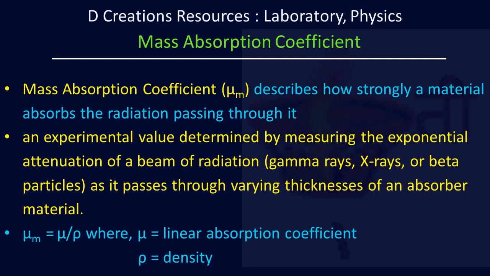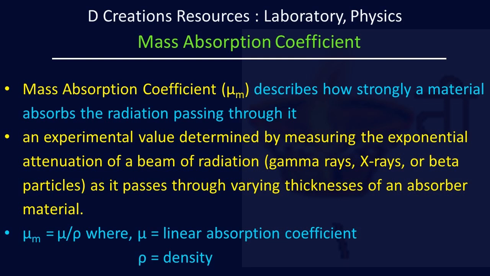Now in the experiment, initially you will find out the count without using any absorber. So in a way you are measuring the initial radiation intensity, and then you would place a set of absorbers of increasing thickness between the source and the detector and measure the transmitted intensity.